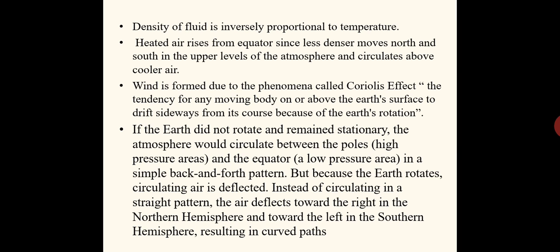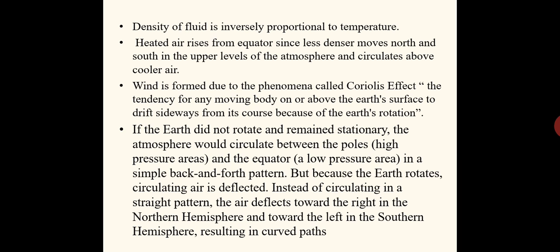Both particles take the same time, that is 24 hours, but the distance traveled by the particle at the poles is much less compared to a particle placed at the equator. So the velocity of the particle at the equator is going to be very high compared to the velocity of the particle at the poles. Of course, if it is exactly at the pole, then we can say the velocity is 0.